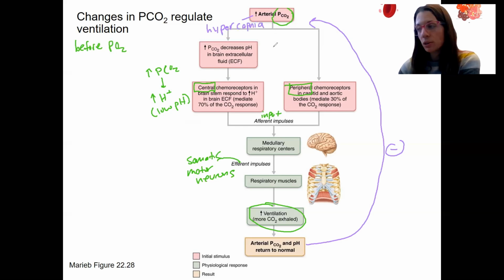Hypocapnia is low PCO2. Then oxygen, so if we did have low PO2, that could also be detected by these as well and initiate the same response, increased ventilation due to low PO2.